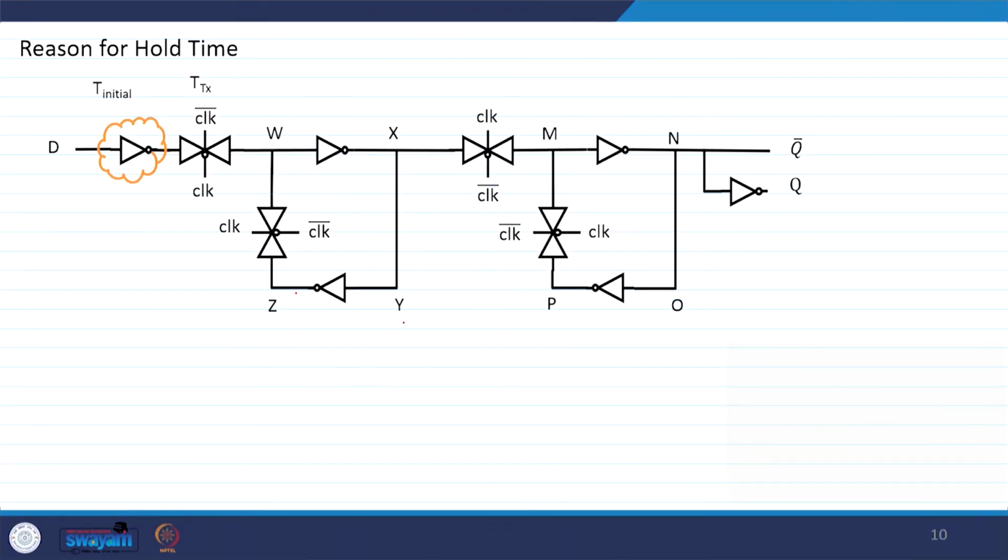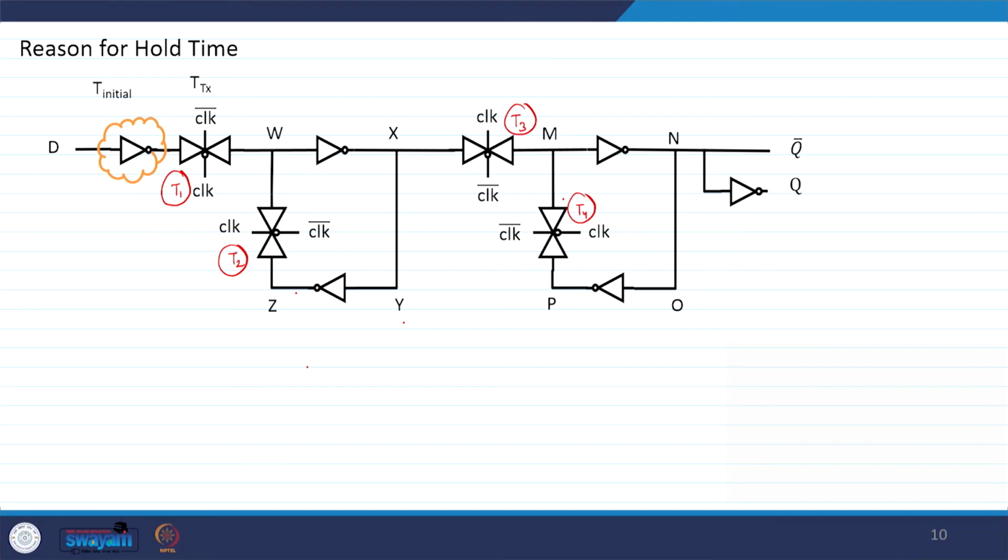We will discuss what is the reason for hold time in a flip flop. If you look into this flip flop, there are different transmission gates. I am denoting this one by T1. This is one transmission gate, T1, this is T2, this is T3 and this is T4.